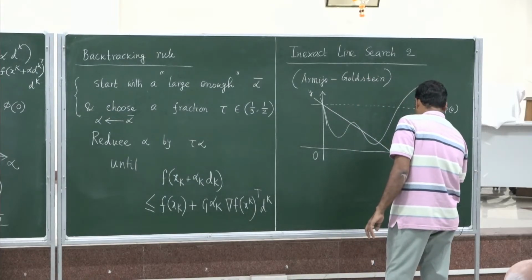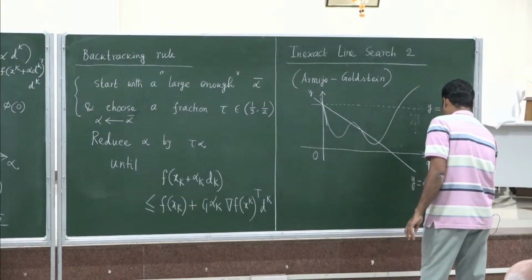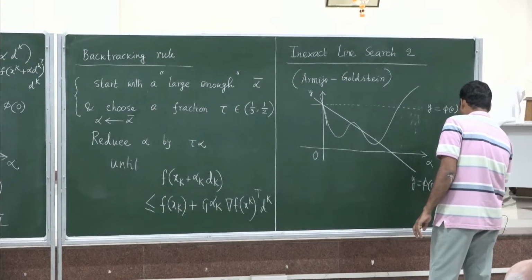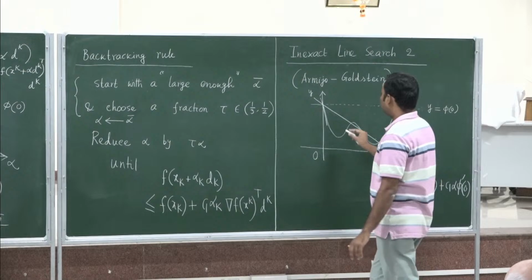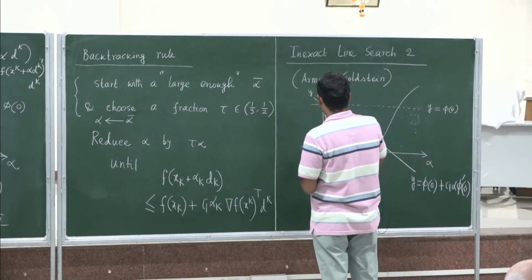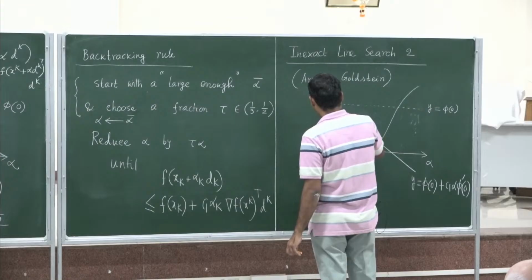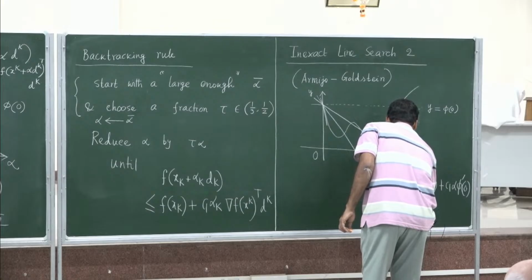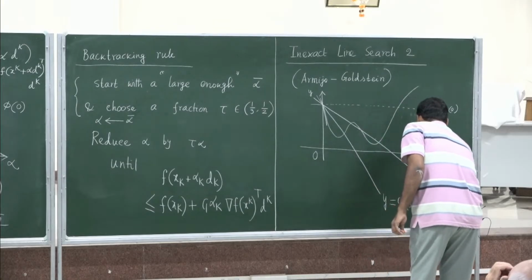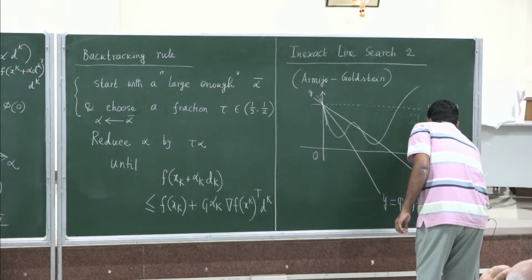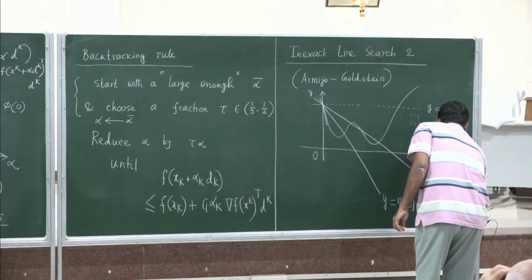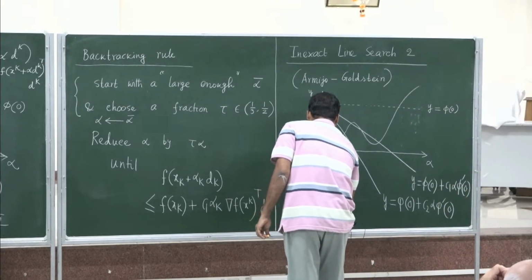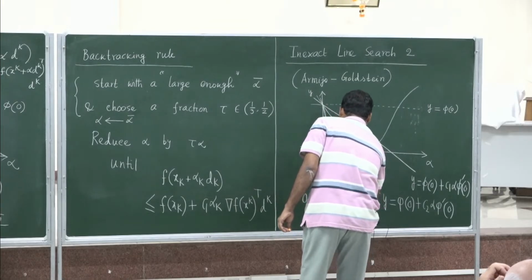This line was phi 0 plus C1 alpha phi dash 0, and it should be above this line. This line is phi 0 plus C2 alpha phi dash 0, where we take C1, C2 less than 1.